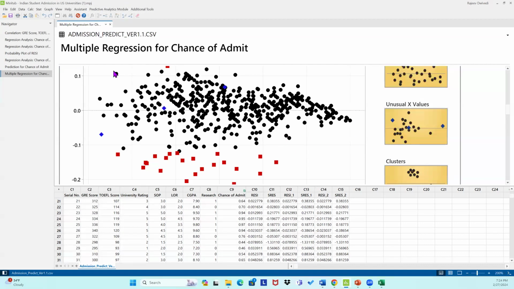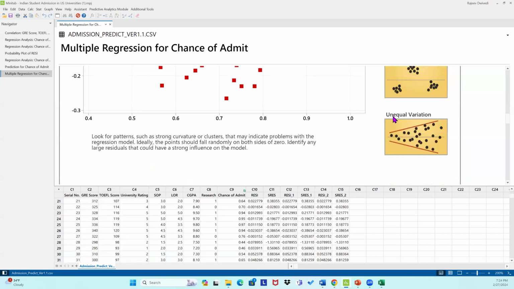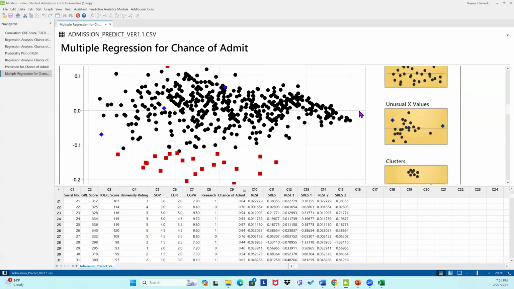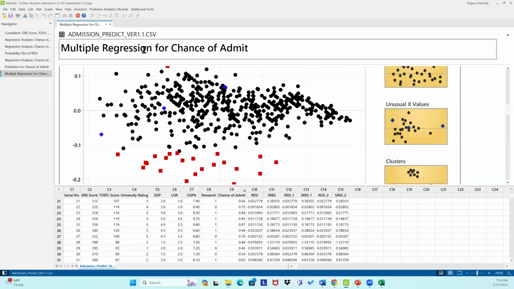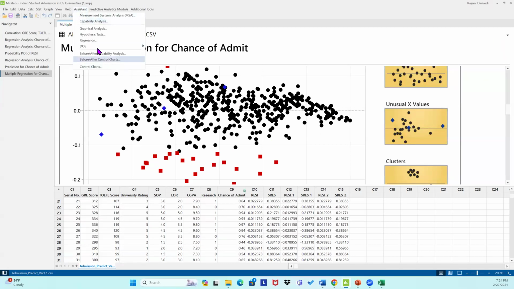Because this is funneling in or funneling out, it is called unequal variation in the data. It's simple and easy to check and understand.